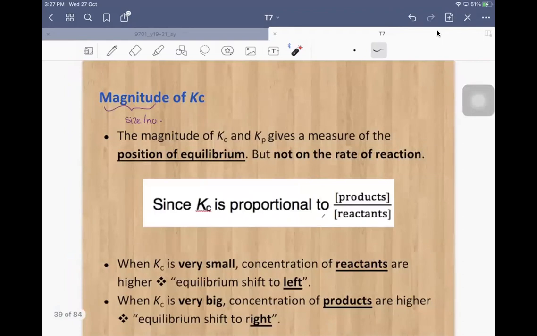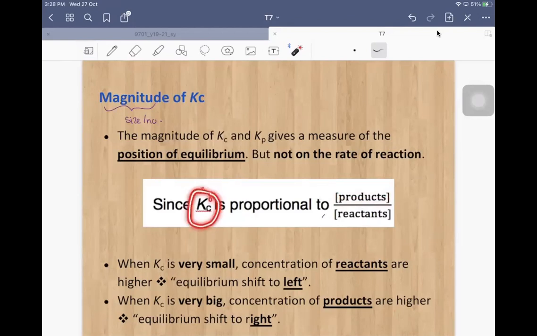So if your Kc is a big number, bigger than 1, like 10,000 or 20,000, that must mean the concentration of your products is much more than the concentration of your reactants. So we say that the equilibrium is shifted to the right or favoring the forward reaction.